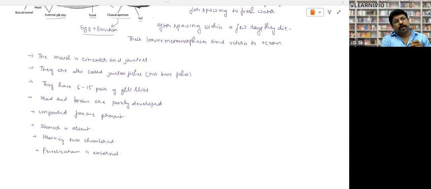I've already told you they have dorsal fins only. Ventral fins are absent. Next point.